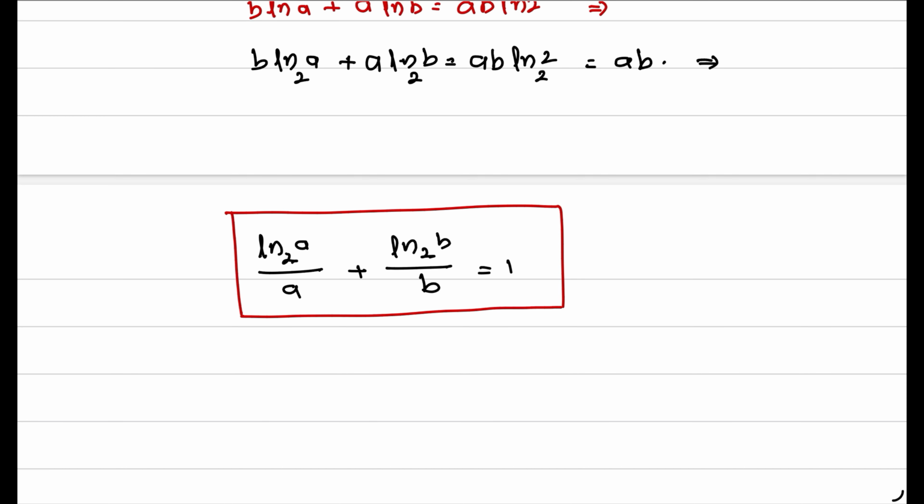This particular equation, these two terms, are in the form of a function f of x is equal to ln x to the base 2 divided by x.